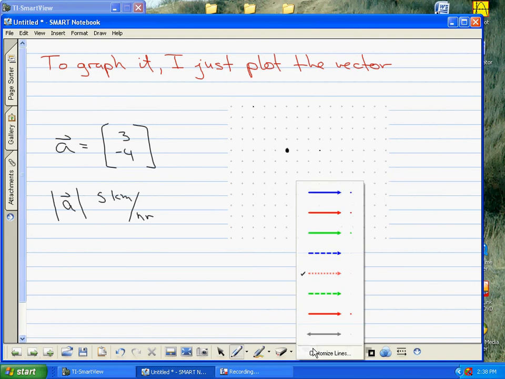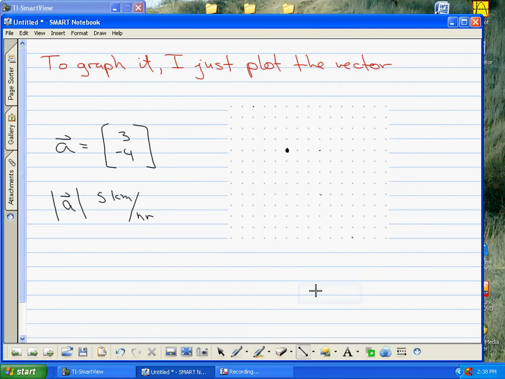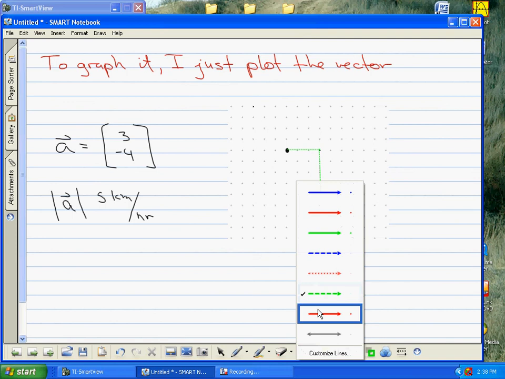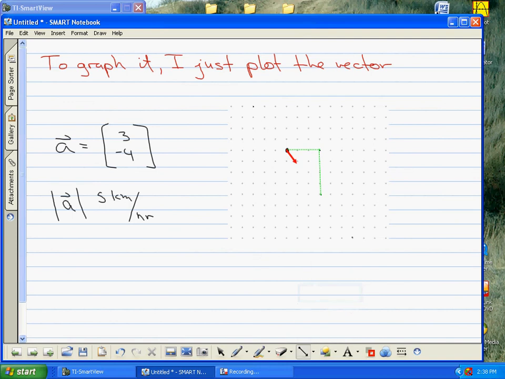And I am going to travel in the direction of positive 3 x component, negative 4 y component. And here I have the direction I am traveling. Now, because it's a velocity vector, I know one other thing. I am traveling at 5 kilometers per hour.